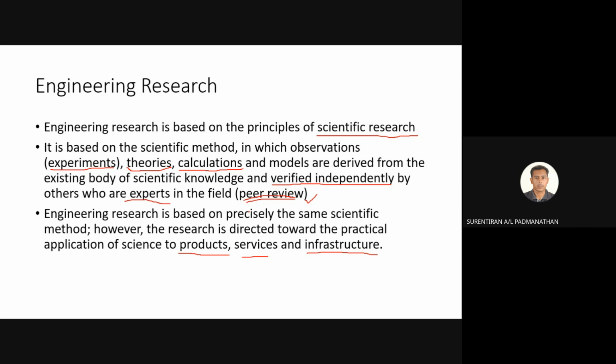So they will make sure it is patented and not used by others. That's the difference between academic and industry research. Engineering research is based on precisely the same scientific method. However, the research is directed toward the practical applications of science to products, services, and infrastructure.